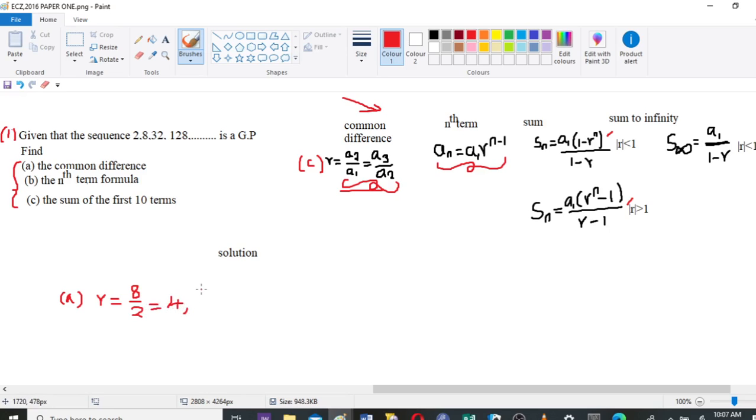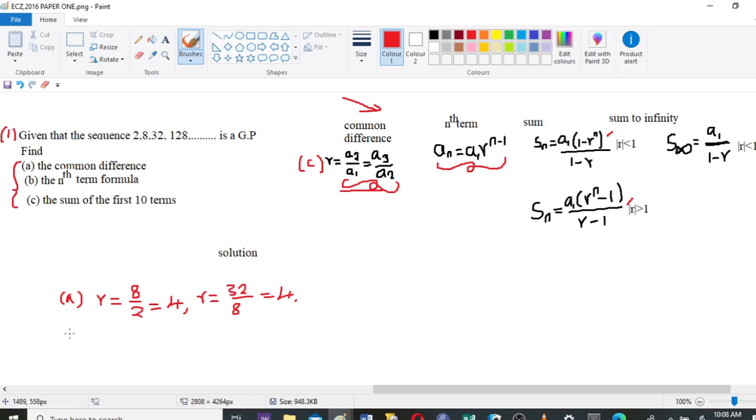Or what if we use the third term, which is 32, divided by 8? How many times is 8 in 32? That is 4 again. If we try all the terms that we have, we'll be getting 4. So this is the common difference.